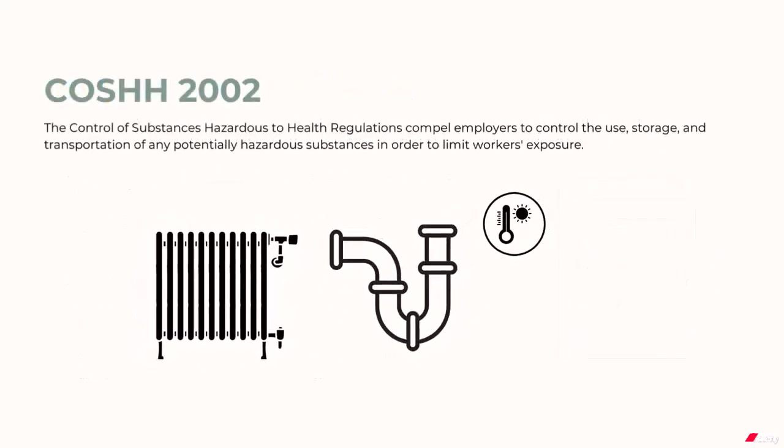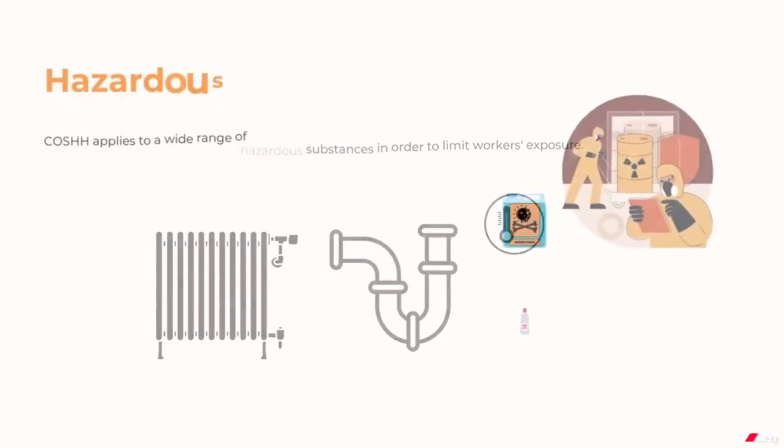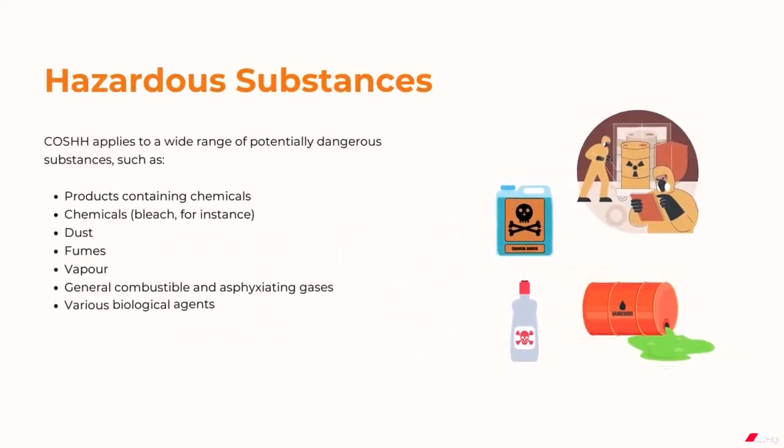COSHH 2002. The control of substances hazardous to health regulations compel employers to control the use, storage, and transportation of any potentially hazardous substances in order to limit workers' exposure. Hazardous substances.